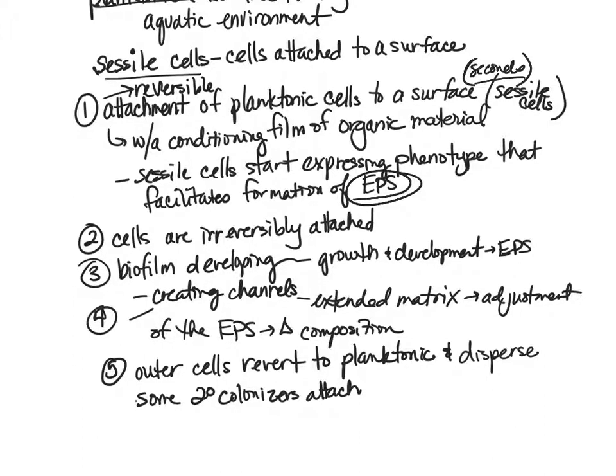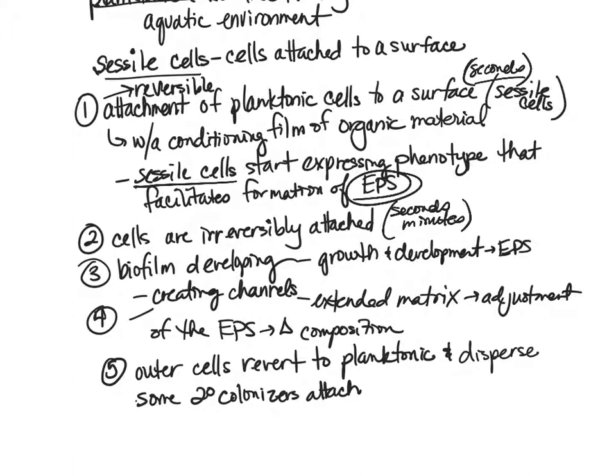Once they start to create the EPS, then they are considered sessile cells. In the second step, then we're talking about them being irreversibly attached because they now have this EPS surrounding them. And so them becoming irreversibly attached and then creating this EPS is, again, within seconds because they're starting to change their phenotype to minutes.